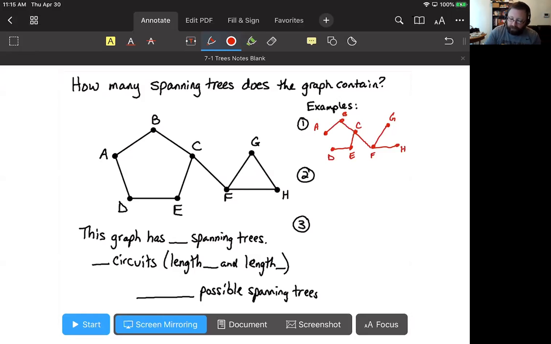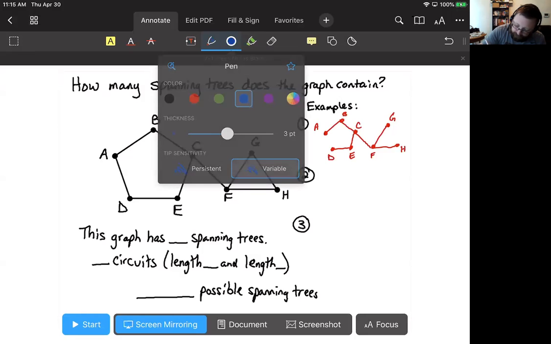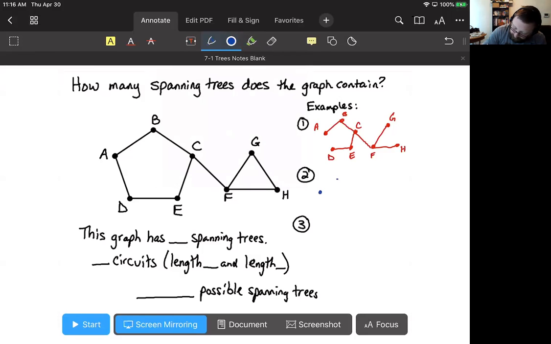And we could create other examples relatively easily by removing different edges from the circuits. Like for instance, if instead of removing AD, we removed AB. And we still remove GH, that is a different spanning tree, a different subgraph that is connected and is a tree. Okay? And just as easily, we could remove a different edge from the other circuit.